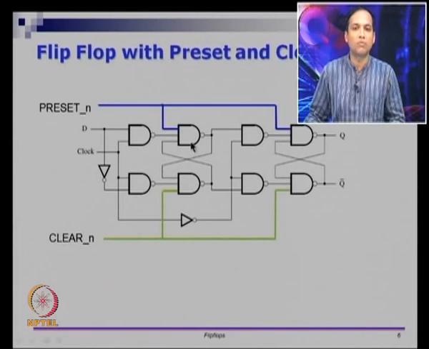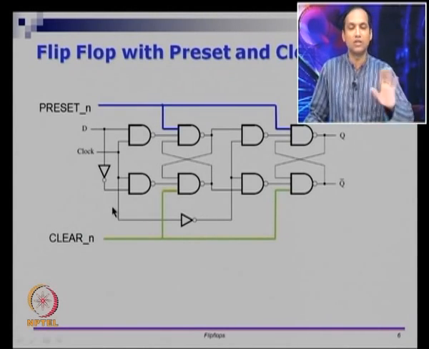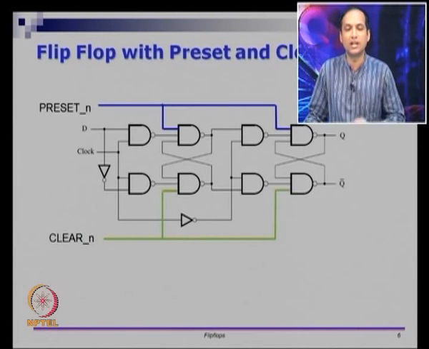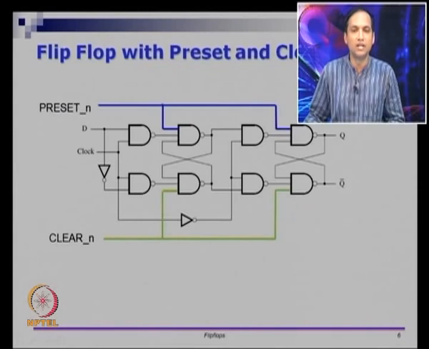On top of that, what we have done is we have taken a signal called preset and given it to these two gates here, and we have taken another signal called clear and given it to these two gates here. The rest of it will resemble the internal circuit for a D flip flop actually. If I remove the blue lines and make all these 3 input gates 2 input gates, that is actually the internal circuit for a D flip flop implemented with NAND gates.